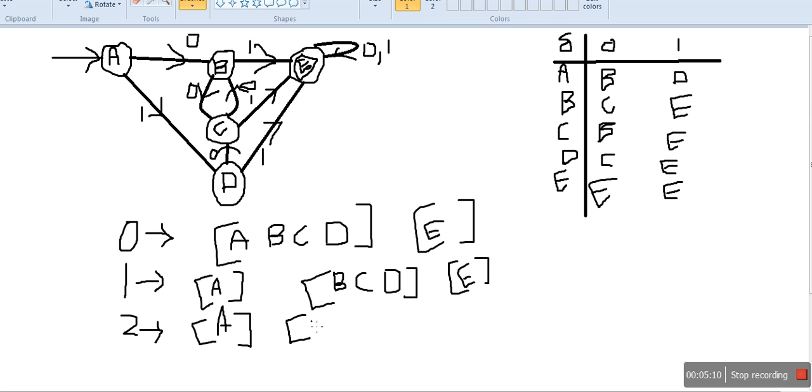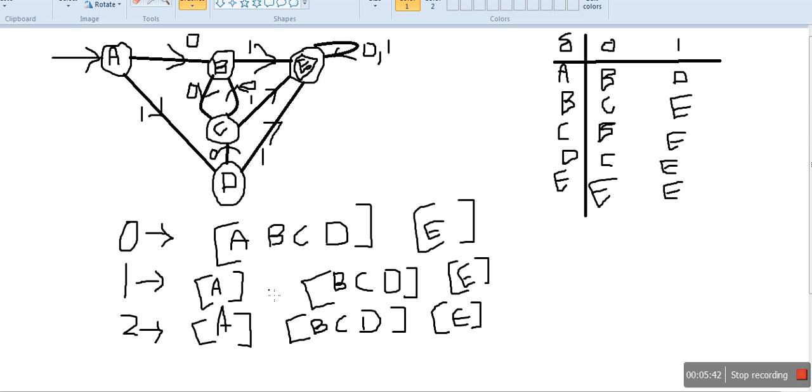B and C remain in the same class, and B and D will never be separated as they go to the same state on seeing 0 and 1, and E is already separated. Now when we get the two equivalence class configurations the same, then stop.